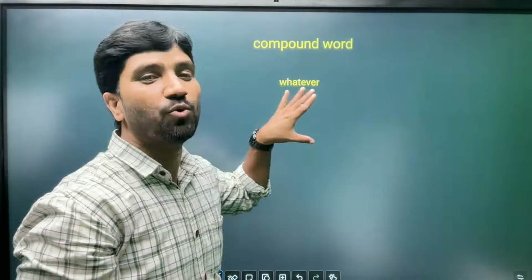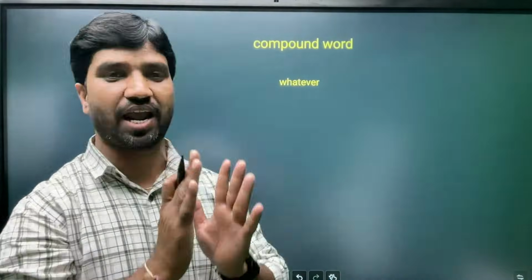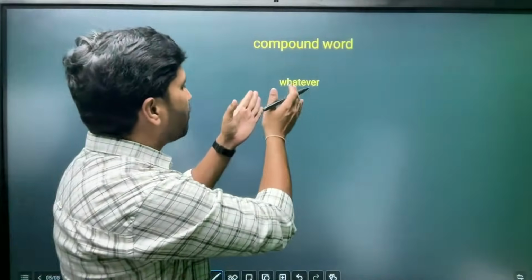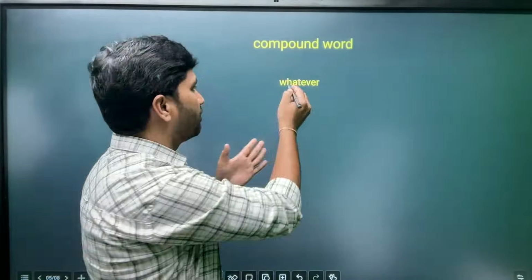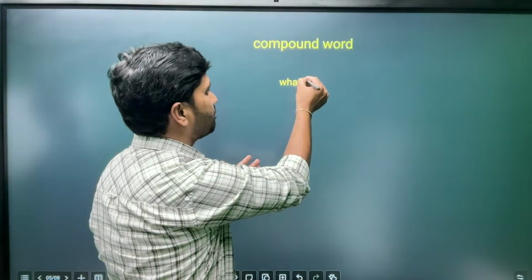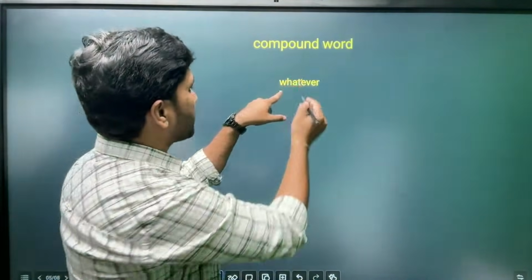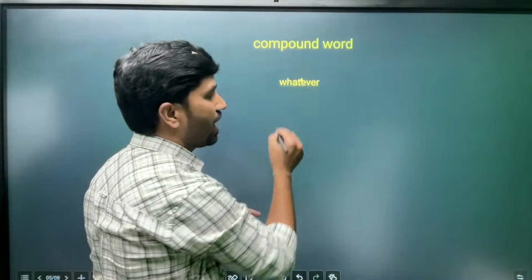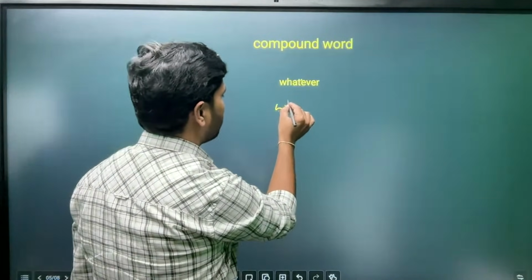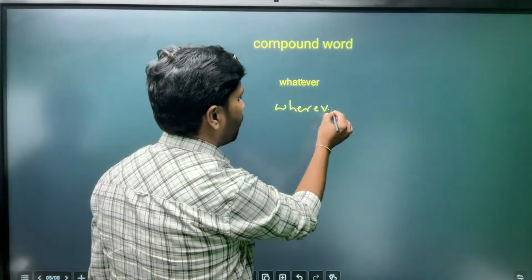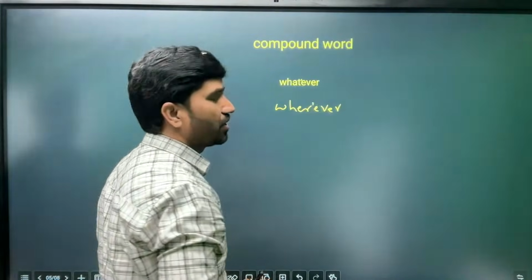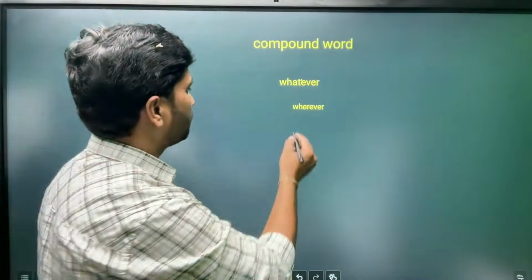But here we find only words. What is a word and ever is another word. So when we find two words in a single word, the stress mark falls between both, what and ever. This places the stress mark between what and ever. See, wherever. The stress mark falls wherever.